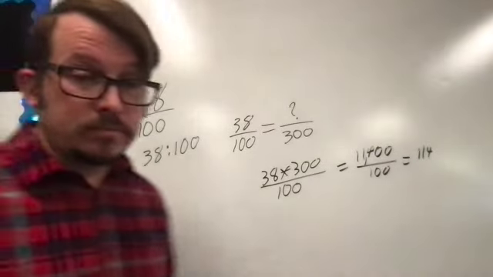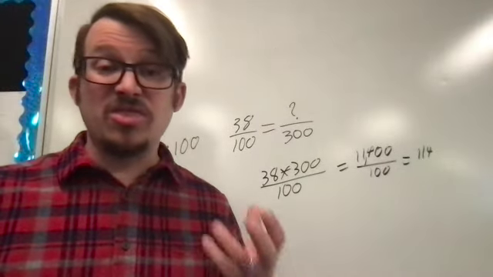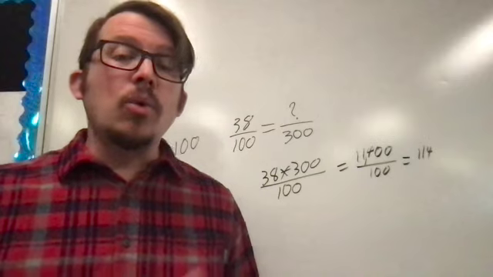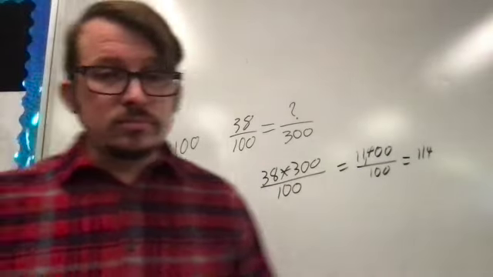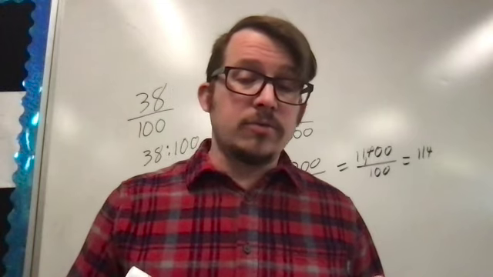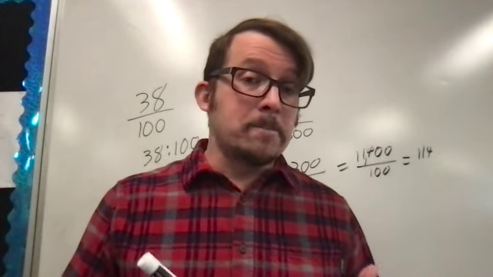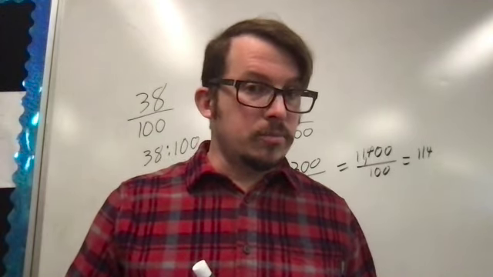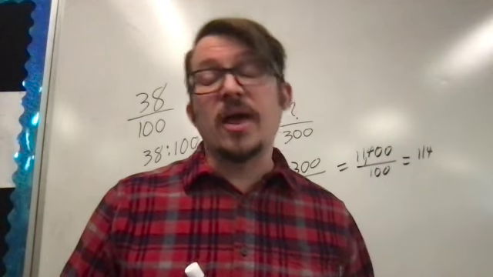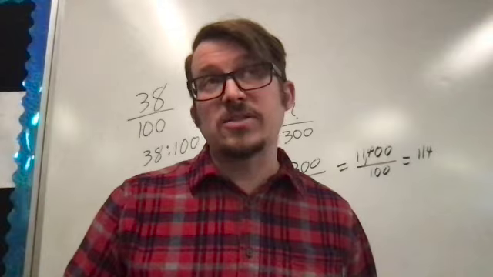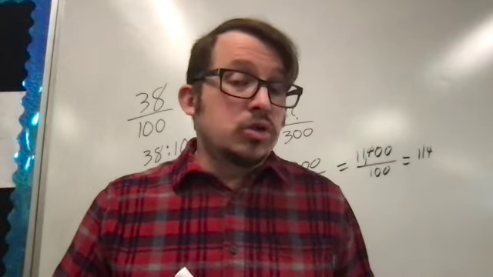But what if instead of having that many cats in your backyard, what if it works out that 38% of the cats in your backyard are gray, but your total number of gray cats is a lot smaller than that. Let's say your total number of gray cats is somewhere around 12.